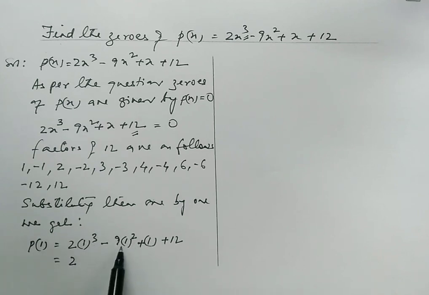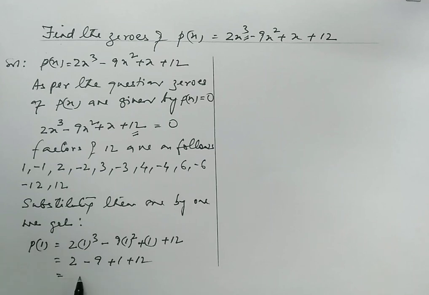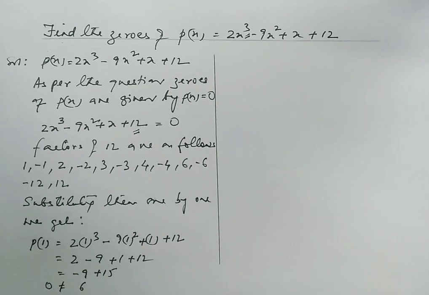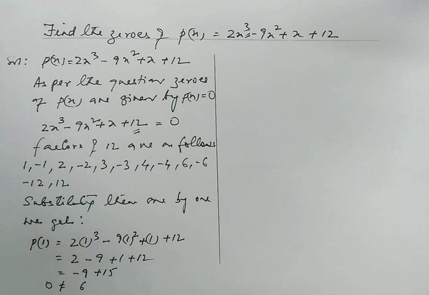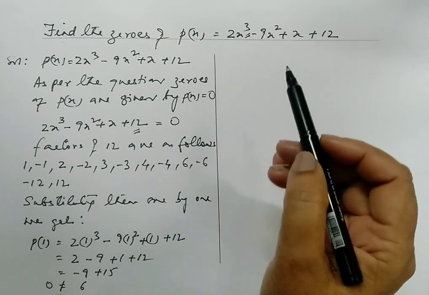Here 1 into 1 is again 1, and multiplied by 9 is minus 9, plus 1, plus 12. So here we have minus 9, then 12, 13, 14, 15, which means 6, which is not equal to 0. So 1 can't be a zero, and 6 can't be accepted.